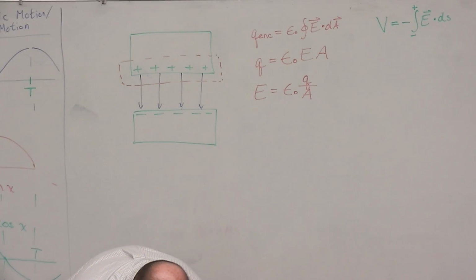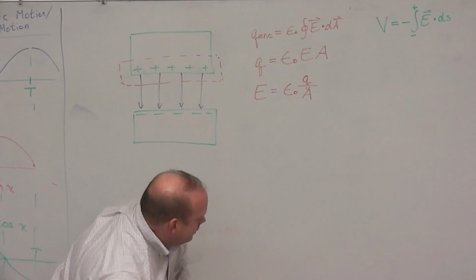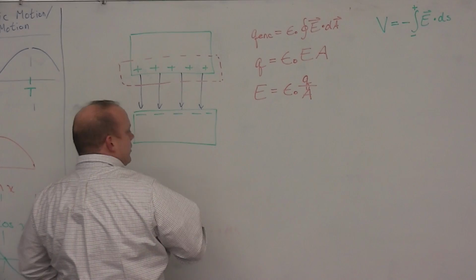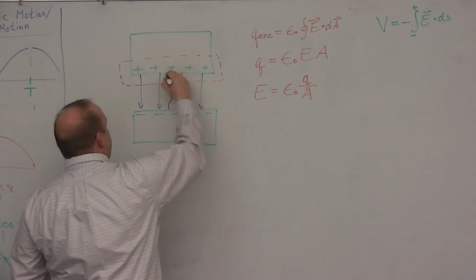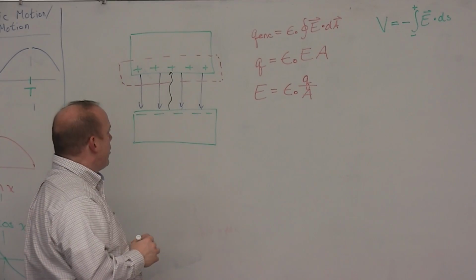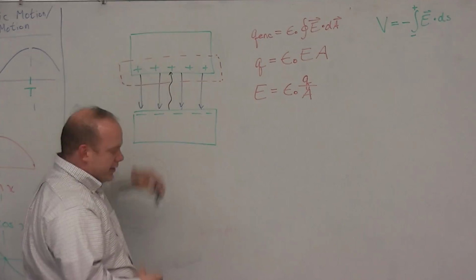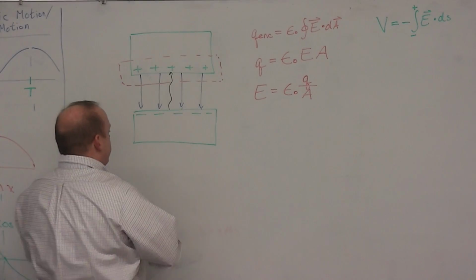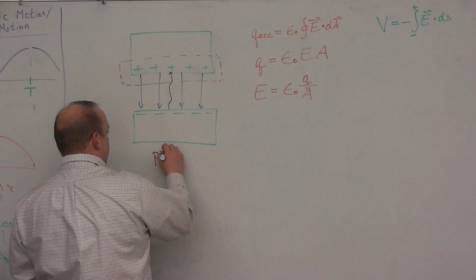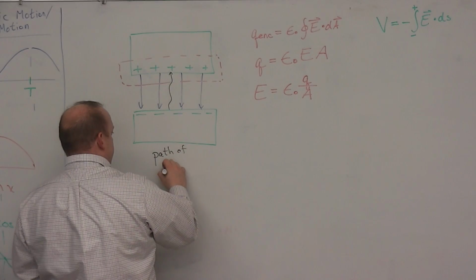My path of integration is going to be from the negative plate, and it's not actually going in a curved direction like that. I'm just trying to emphasize that that's our path of integration.